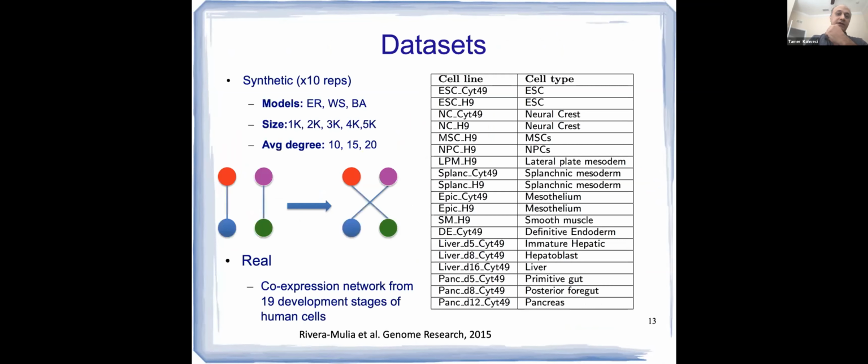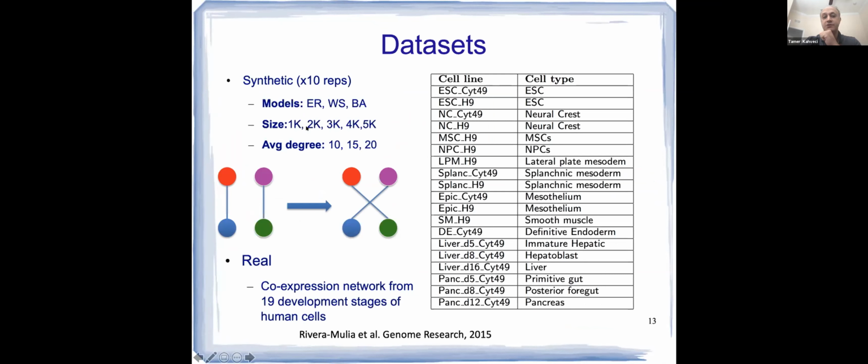Next I'm going to show you the evaluation of this algorithm. We evaluated our algorithm on synthetic and real data sets. For the synthetic data sets, we generated random networks using 3 different random network models: Erdős-Rényi, Watts-Strogatz, and Barabási-Albert.